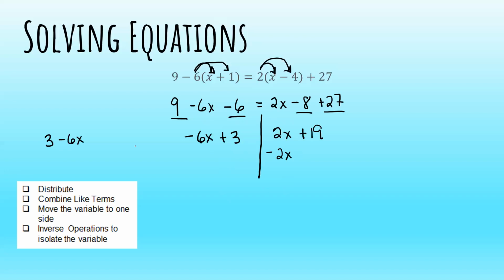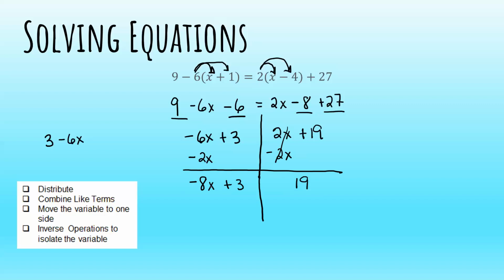What I do to one side, I must do to the other. Notice that I lined up my like terms with each other. So negative 6x minus 2x is negative 8x, and then I'm going to bring everything else down. Plus 3, this cancels, and then I have 19 on this side.